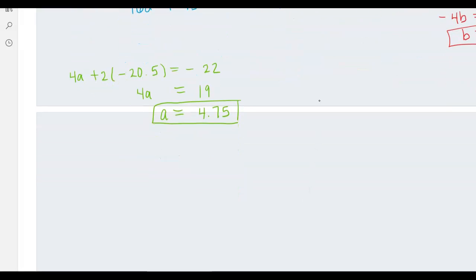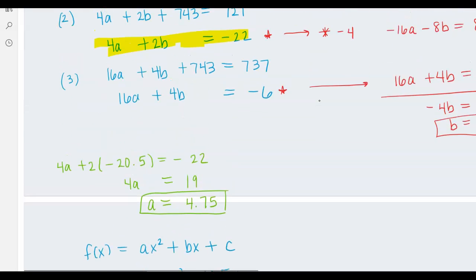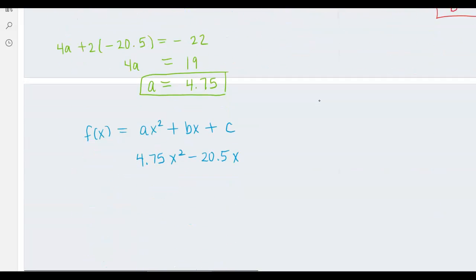Again, what we're finding are the coefficients in front of each of the terms. The original equation was ax squared plus bx plus c. We found a to be 4.75, b was negative 20.5, and c from the beginning was 743.